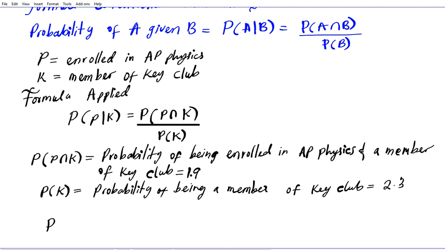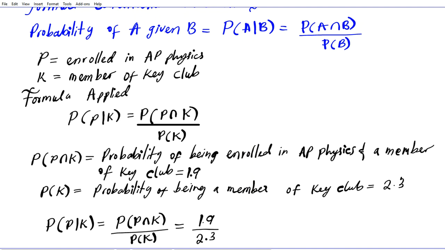So the probability of P given K is basically the probability of P and K divided by the probability of K. We already stated that earlier. So the probability of P and K is 1.9, divided by the probability of K, which is 2.3.